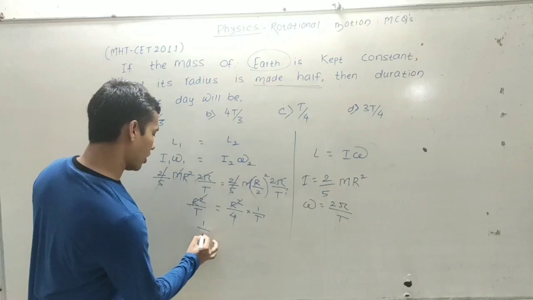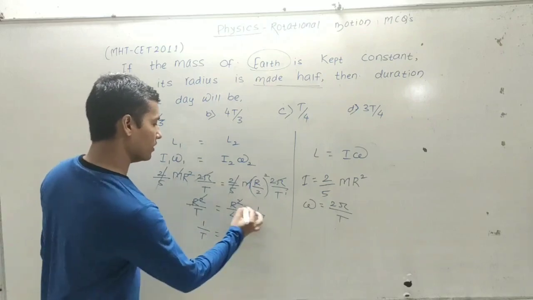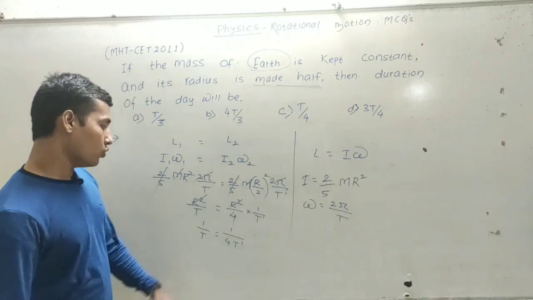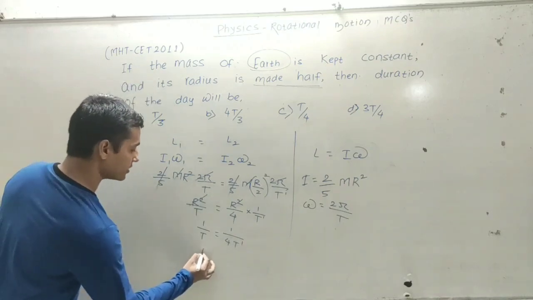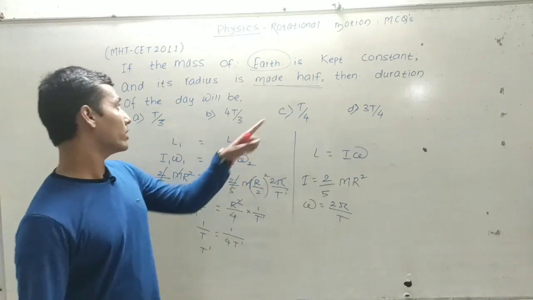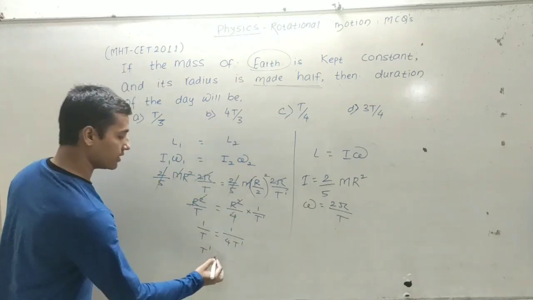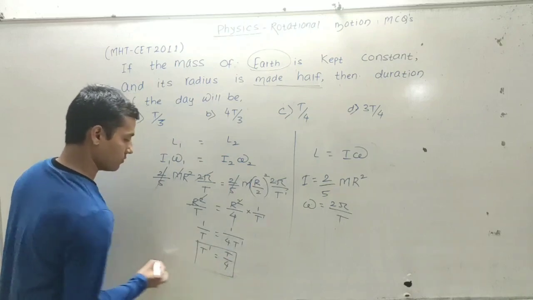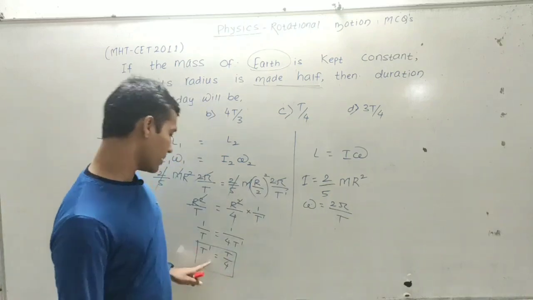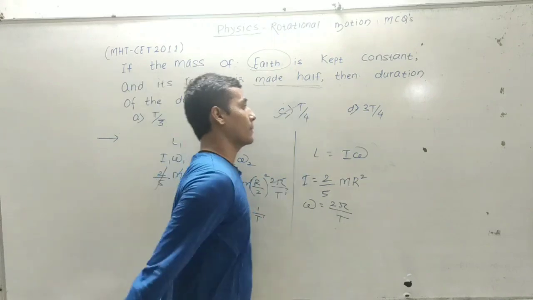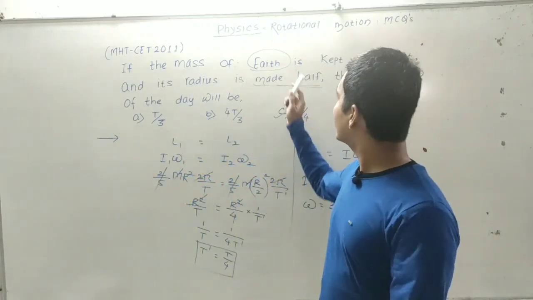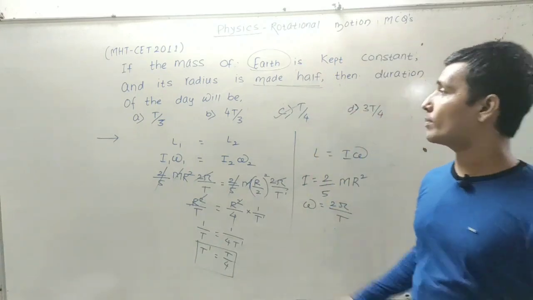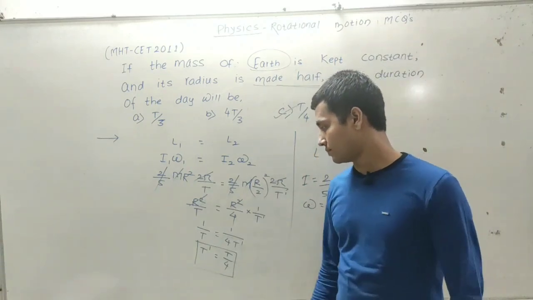So here we have 1 by t is equal to 1 by 4 into t dash. Now we have to find t dash, that will be the change in the duration of the day. So t dash is equal to t by 4. So this will be our answer, t by 4. When its radius is made half by keeping its mass constant, then the duration of the day will be t by 4.